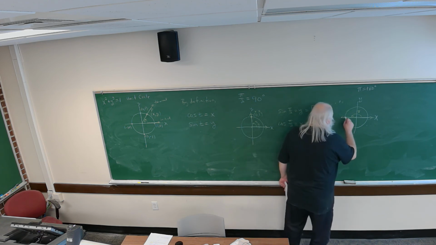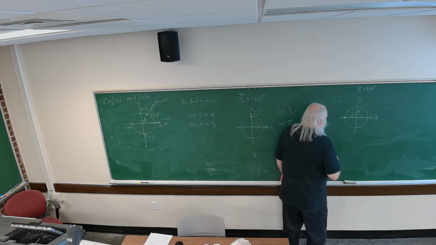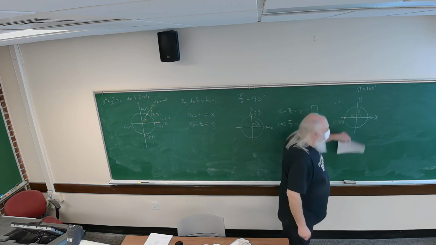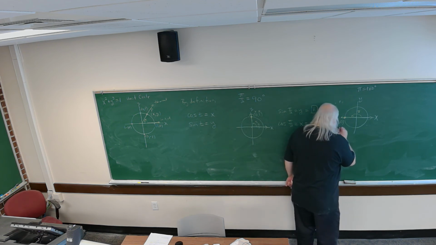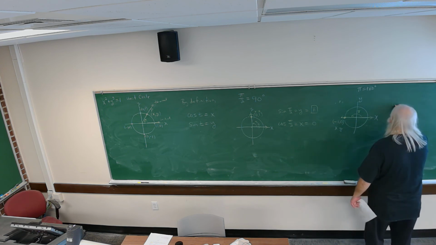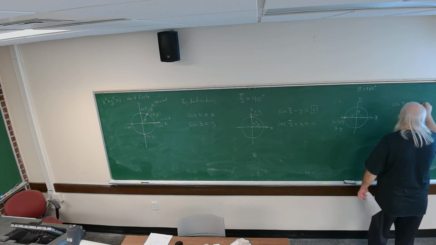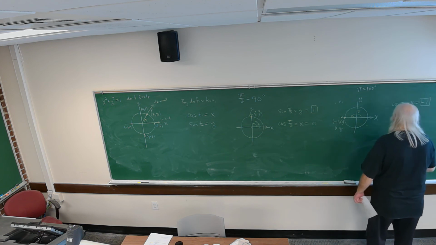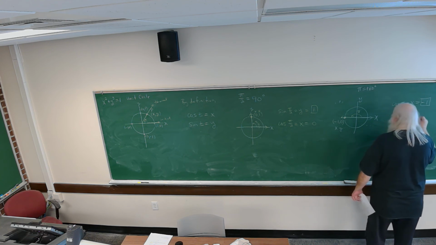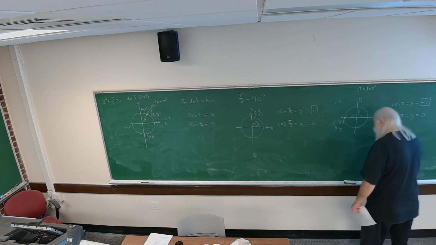And so the terminal side crosses the circle at the point -1, 0, at that point right here. So -1 is the x coordinate, 0 is the y coordinate. And so the cosine of pi is equal to the x coordinate, which is -1 in this case. The sine of pi is equal to the y coordinate, which is equal to 0 in this case.